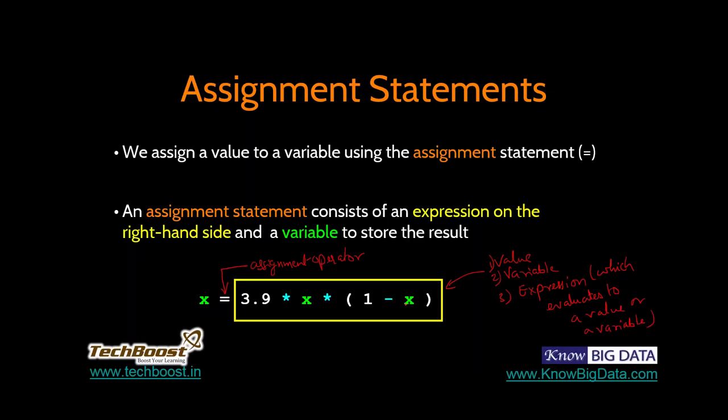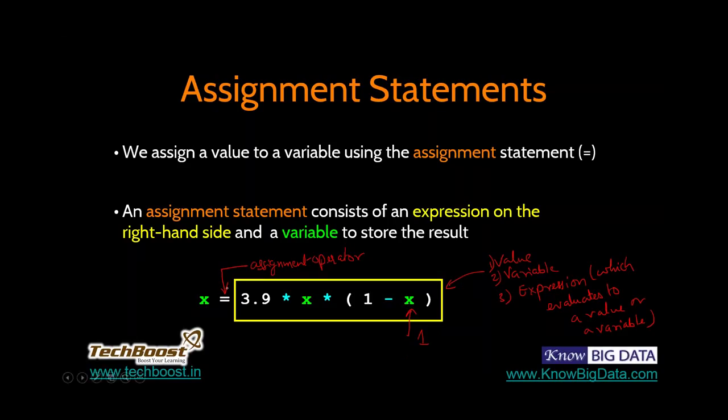Alright, now let's have a look at what this evaluates to. We are trying to evaluate this expression. This expression says 3.9 multiplied by x multiplied by 1 minus x. x might be holding an initial value before this assignment. Let's say x has the value 1.